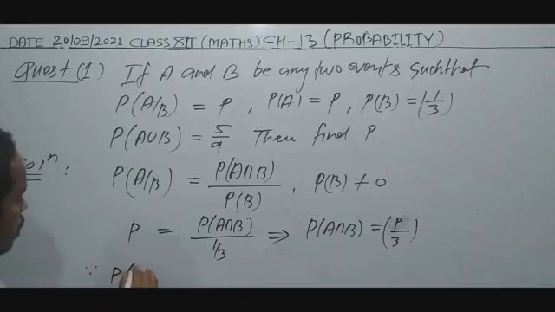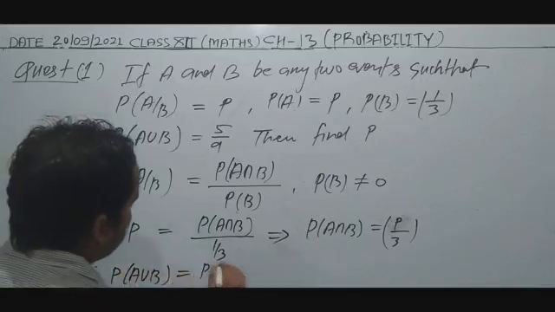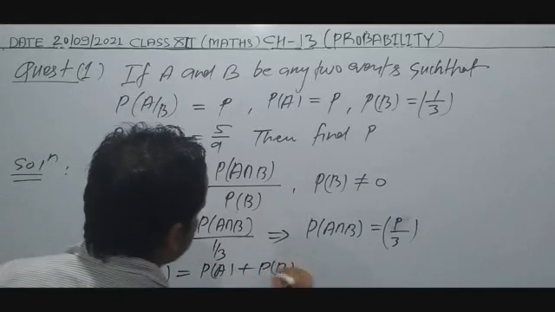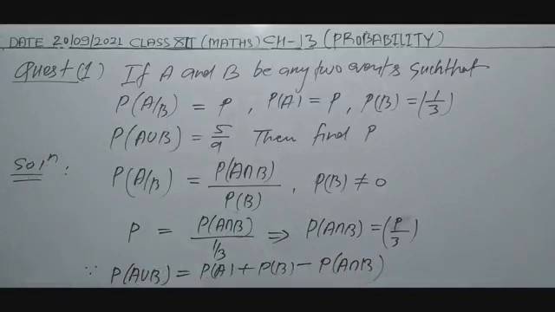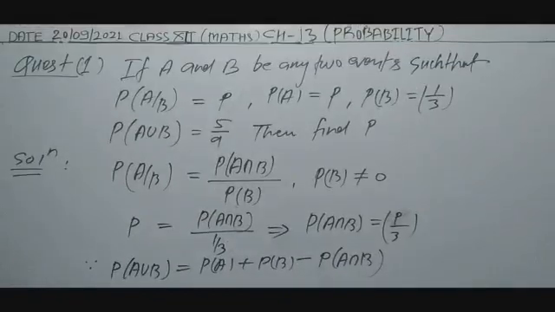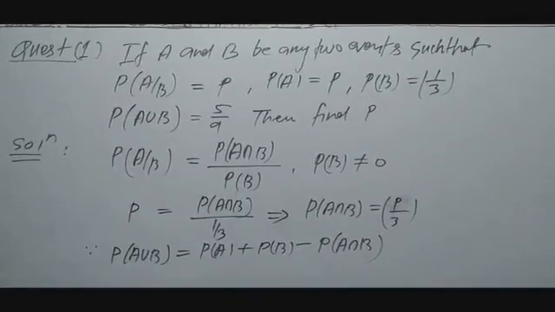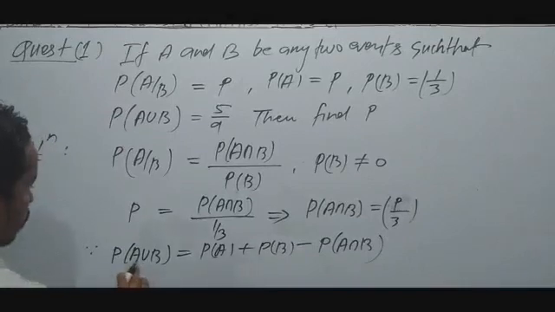Since we know the formula, probability of A union B is equal to probability of A plus probability of B minus probability of A intersection B. With the help of this formula you can calculate P. Probability of A union B is given as 5 by 9.